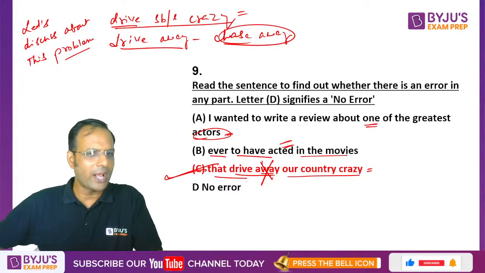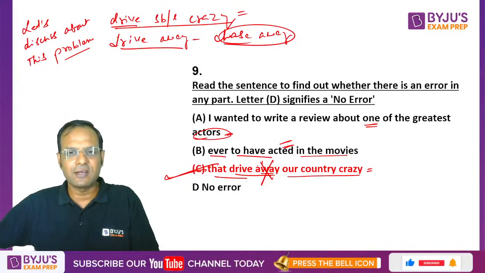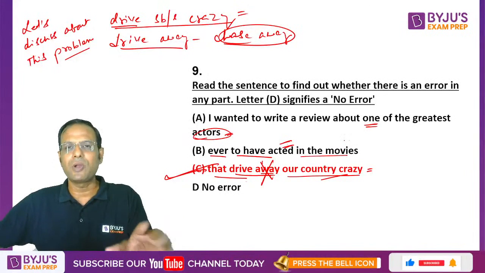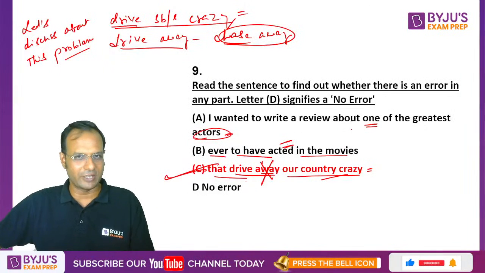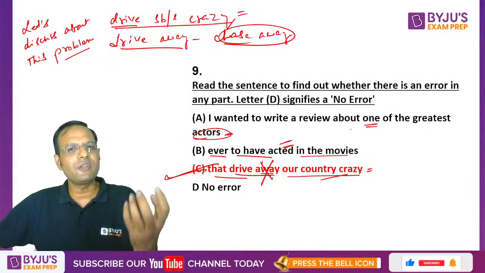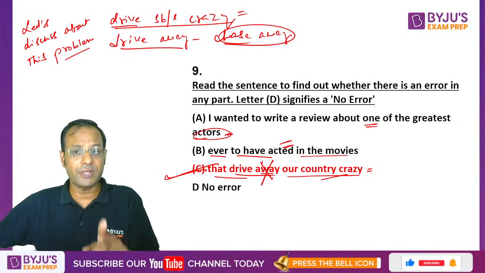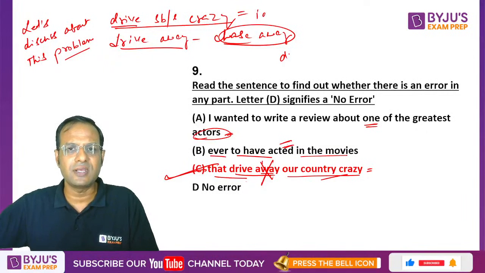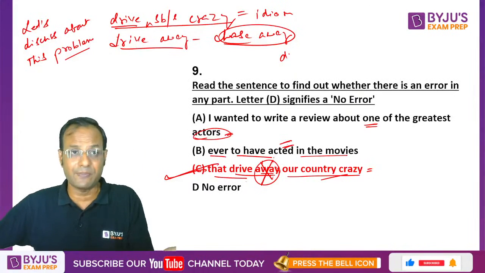You're actually talking about the actor who has acted in the movie, and that actor has made the people go mad about him because he is the people's hero, the people's favorite. And that's why he has driven the country crazy, right? Drive somebody crazy is an idiom, and in between there is no need of a preposition. This is what the concept was.